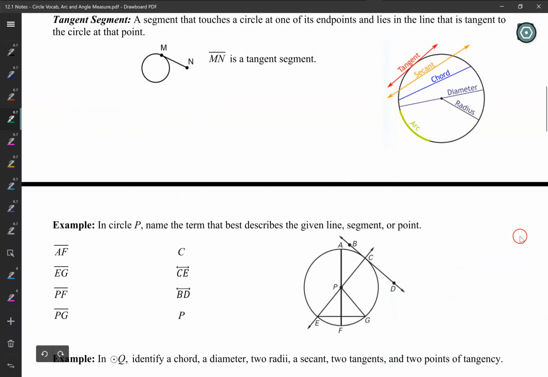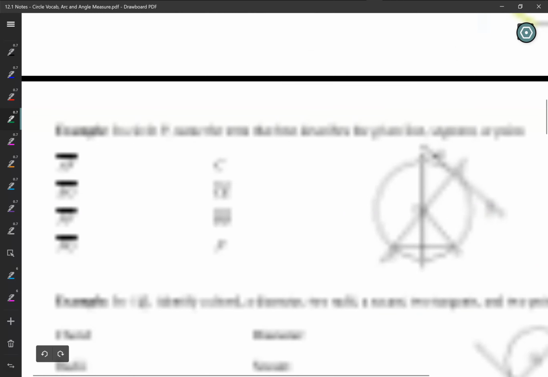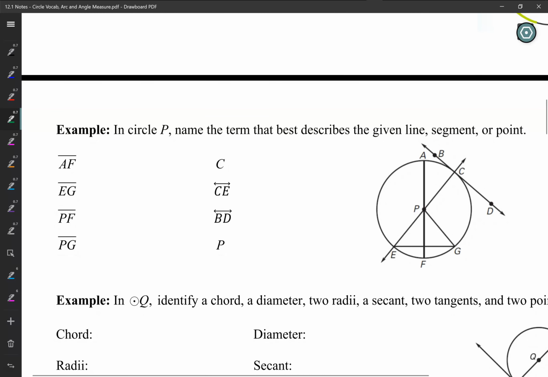So the first types of problems you're going to be doing, you will be given a diagram and you will be asked to give the right vocabulary term. So the first term the first piece we're asked to look at is segment AF. So that's that segment right there.